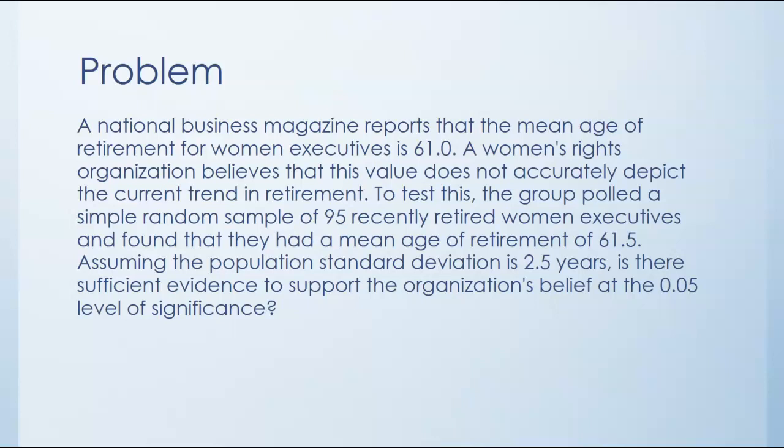Assuming that the population standard deviation is 2.5 years, is there sufficient evidence to support the organization's belief at the 0.05 level of significance? So what we're asking is, is 61.5 years of age significantly different than 61?